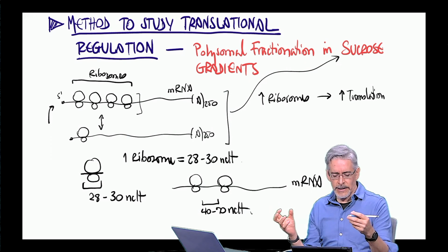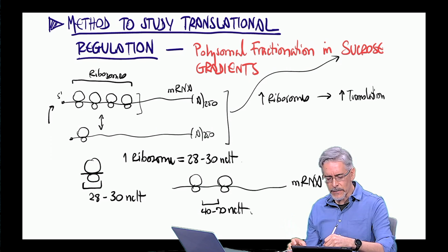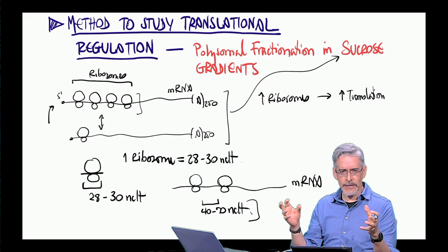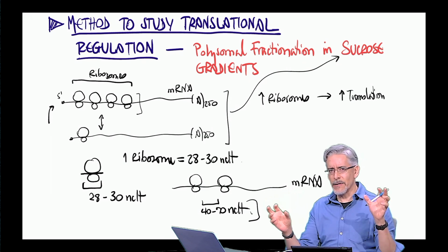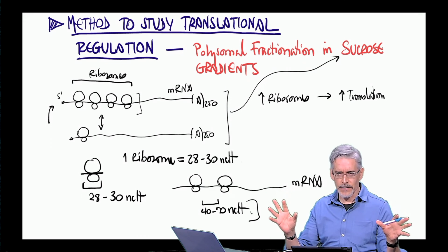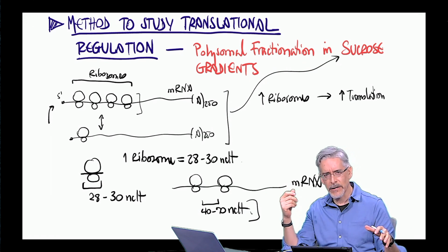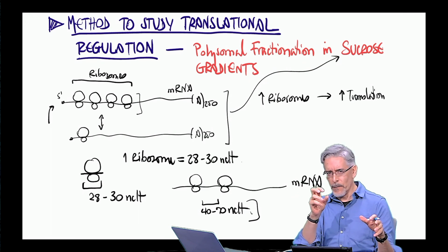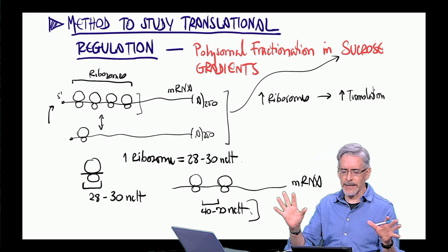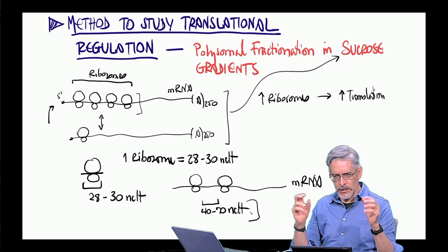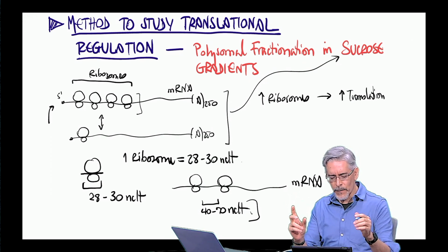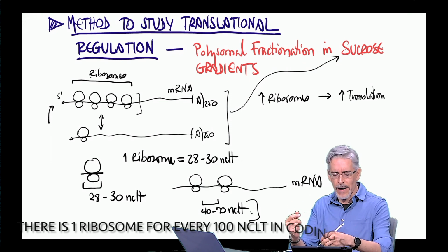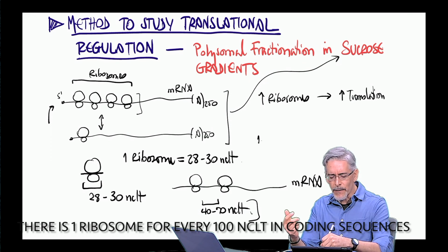So in general, the spacing will be somewhere in this range, 40 to 70 nucleotides, but that can actually be affected by other factors, such as the use of rare codons in the messenger RNA, which may actually delay the movement of ribosomes and things like that. So in general, a good rule of thumb will be that you will have about one ribosome for every about 100 nucleotides in the open reading frame, in the coding sequence.